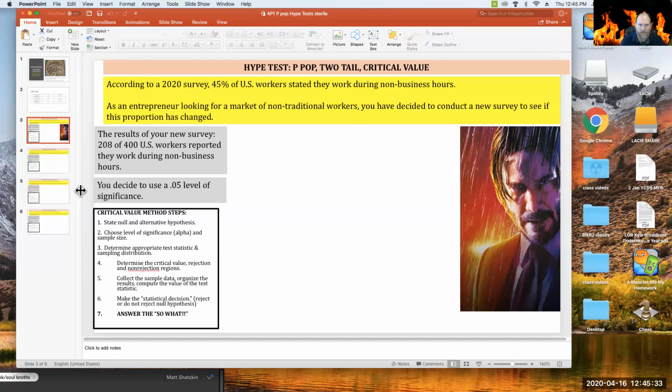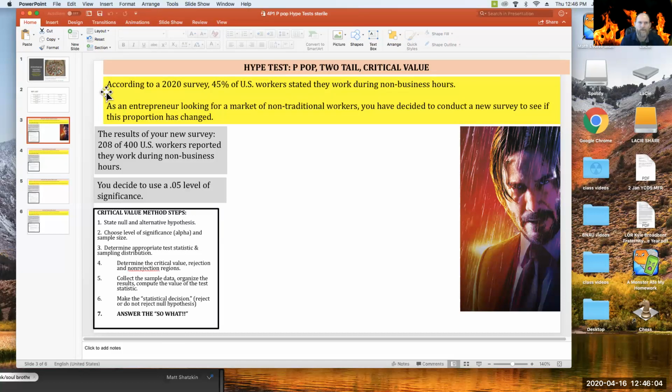And that's what this little box is down in the left-hand corner. There's a step list for the critical value method, and there's a step list for the p-value method. It gets even better. They're not that much different from each other. So we're just going to walk through this very deliberately so that you have that good baseline on how to do proportion population hypothesis tests.